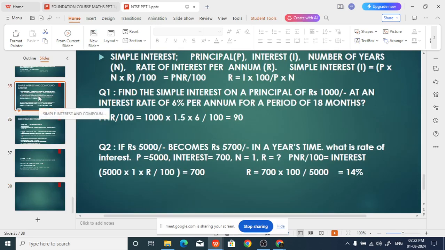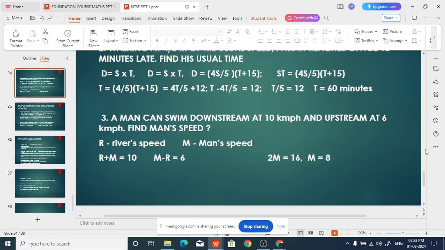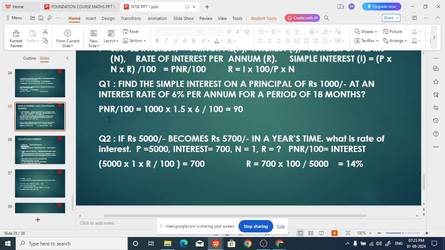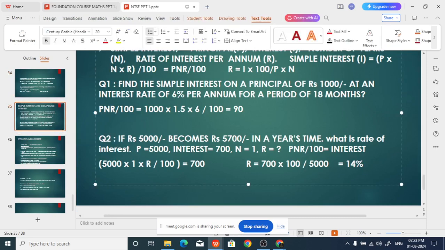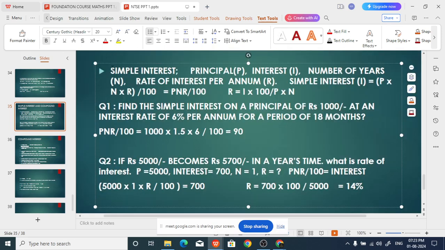Okay, now we'll go to a chapter called Simple Interest and Compound Interest. Have you studied this? Yes, sir. I think in your 8th or 9th you would have studied it.